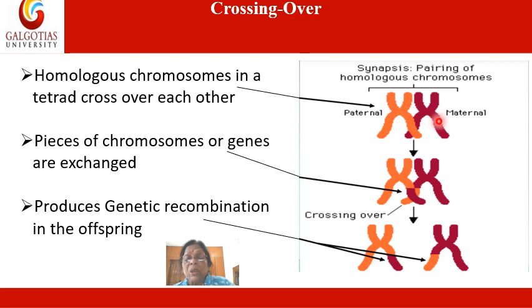But they are homologous chromosomes, and they come close to each other, and this chromatid from father and this from mother cross over each other. Some of the genes from the mother come to the father's chromatid, and some from the father go to the mother's side. So the phenomenon of crossing over is taking place.